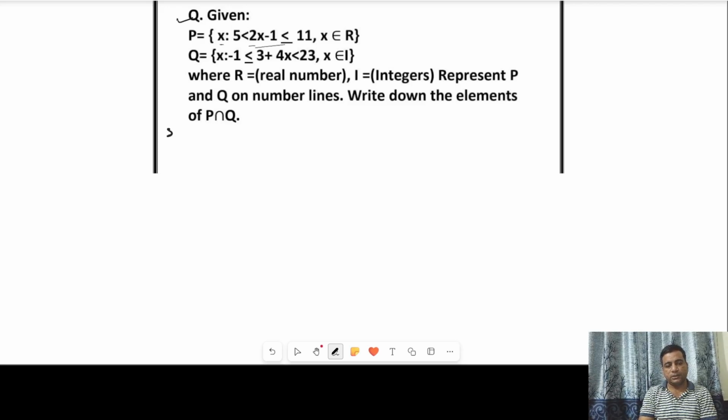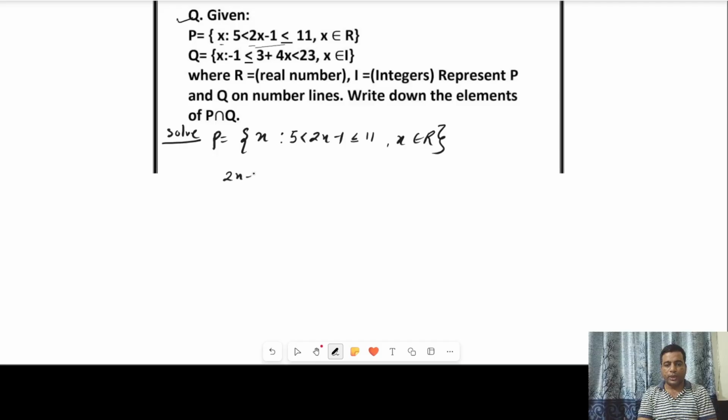So first, P is given. P is x such that 2x minus 1 is greater than 5 and less than or equal to 11, and x is real.